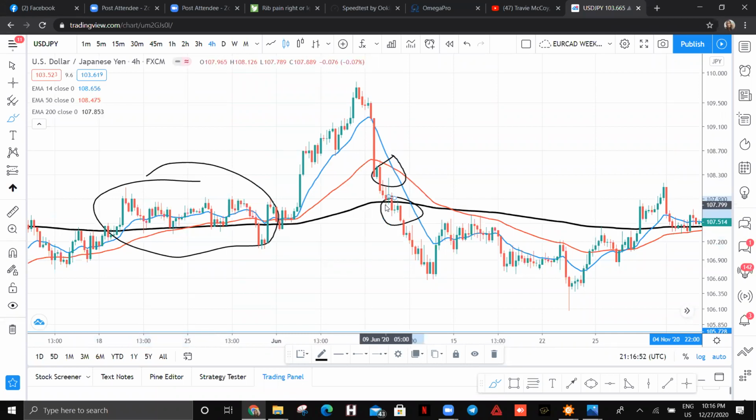Now, look at this movement that happened here. You see the downward move, then look at the retest. Price came and retested here before all these drops started happening. So you see, even as price came down here, you will still see a retest. Price will go up to retest at either the 50 or 14 before you can see another movement downward.